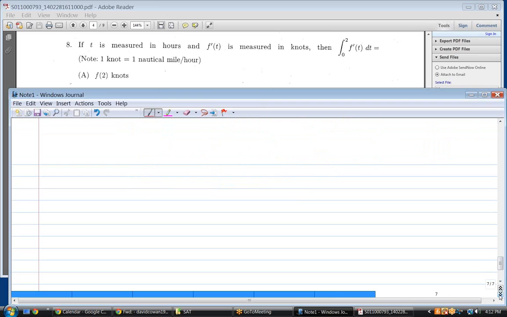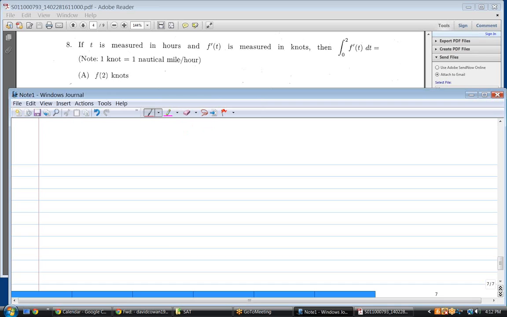Oh, that's just the units. I know. If t is measured in hours and f prime of t is measured in knots. Okay. And knots are nautical miles per hour.